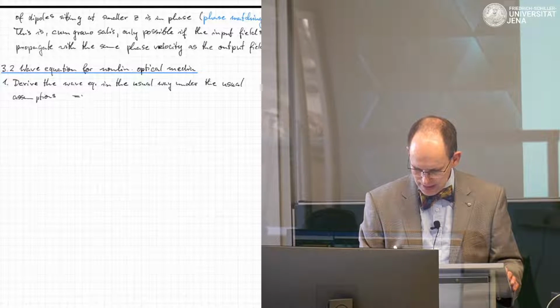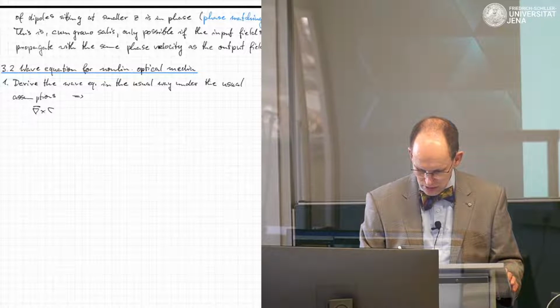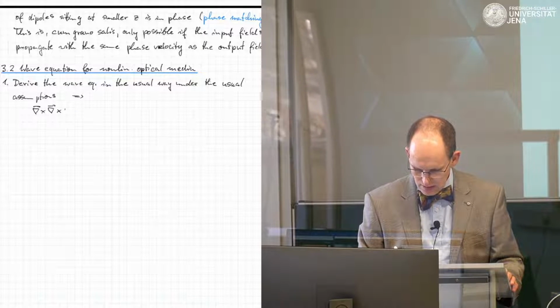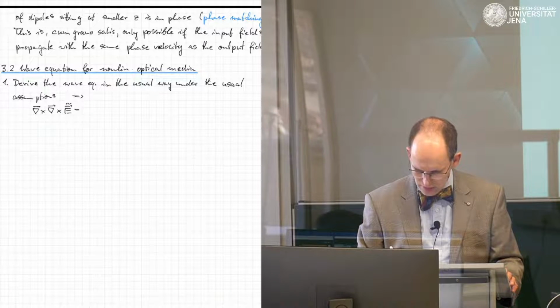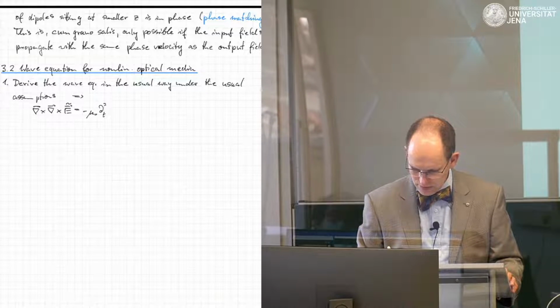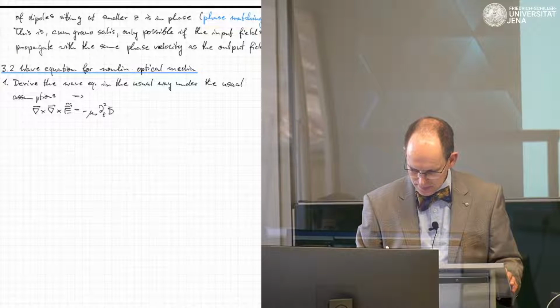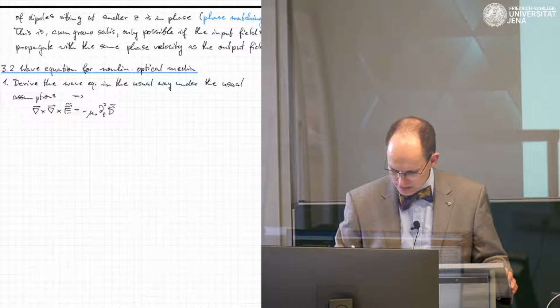And what we get then would be that the curl of the curl of the E field is equal to minus mu naught times the second derivative of the D field. Yep, so I call this here equation 4.